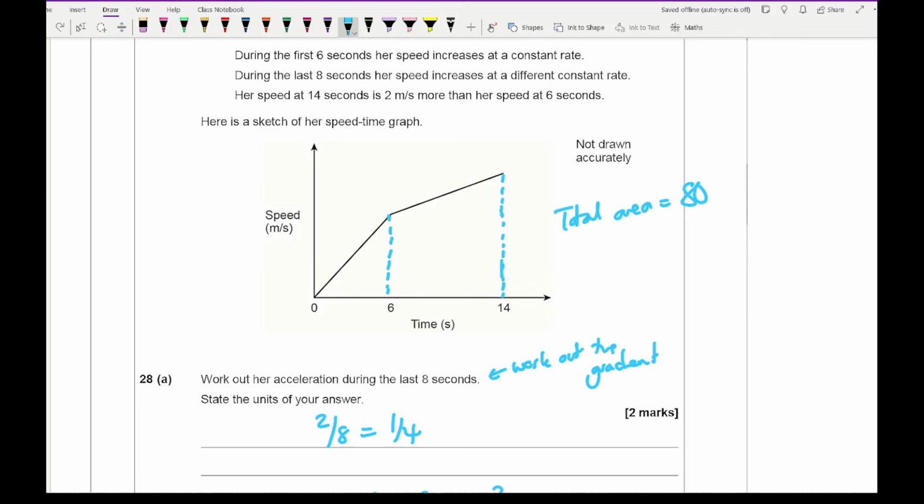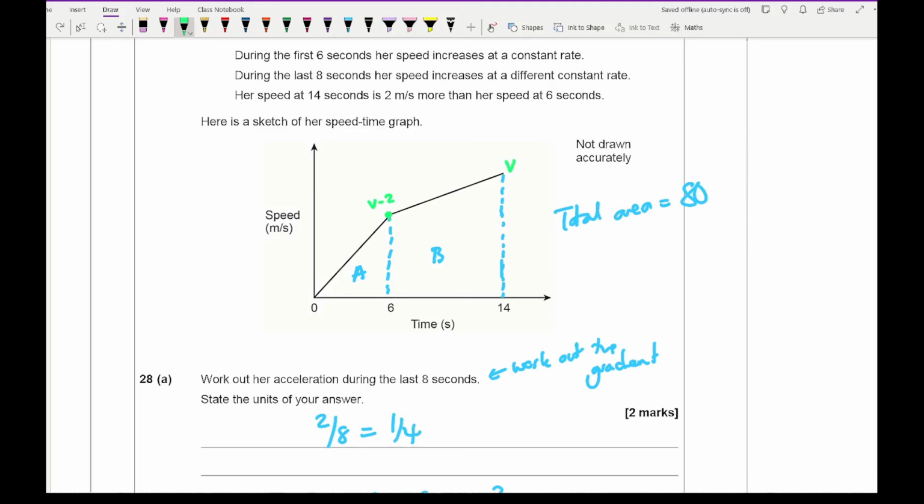So I've got shape A and shape B. Now in terms of the dimensions, if this is v, this point here is 2 less, so that's going to be v minus 2.